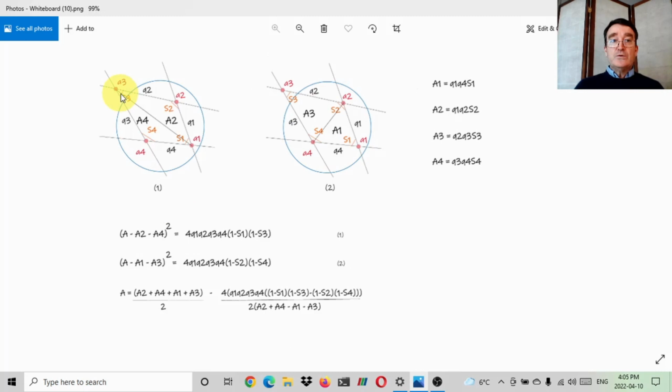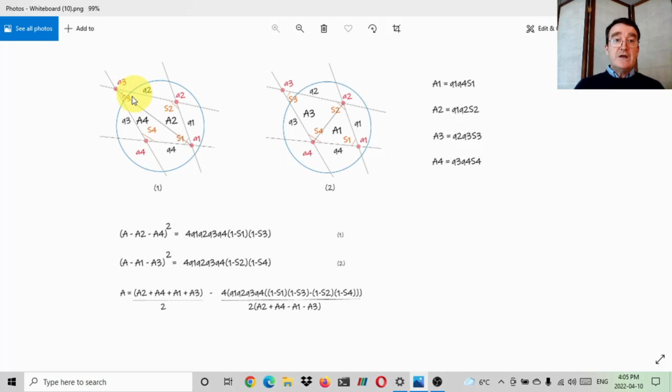And similarly, if S2 or S4 is equal to 1 in this setup, then the right side of the second equation is 0, and we get this equation: A minus A1 minus A3, all squared, equals 0, resulting in A equals A1 plus A3.